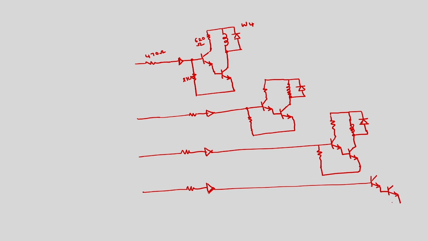So, there are 4 windings, and correspondingly 4 control circuits.